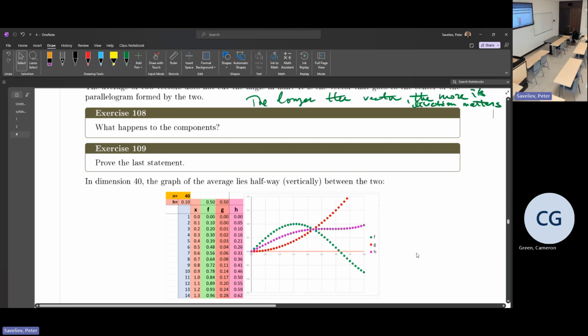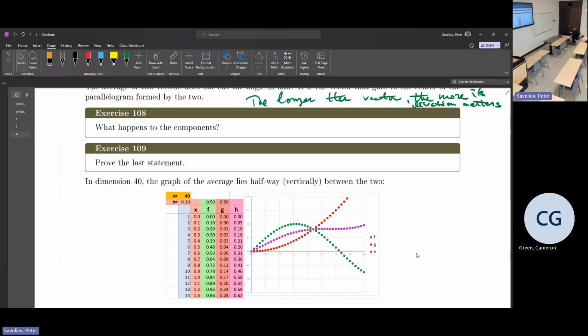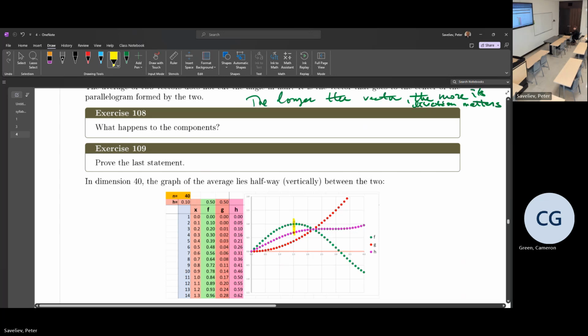Here's the average in dimension 40. Look at it: the green vector, the red vector, and then the average between them lies halfway between them. Literally, we take two points at a time, red and green, one below the other, and you just take the average.